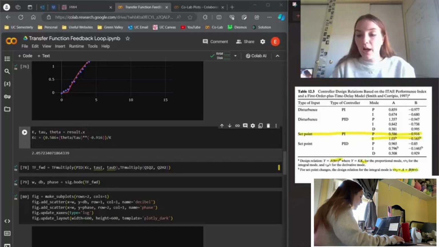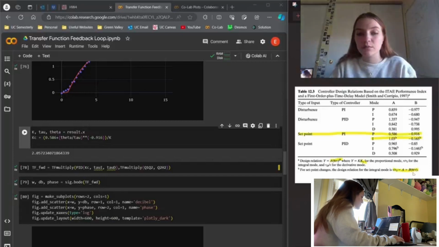And then we can also find tau I from this equation that our book gives us down here, which is tau divided by our tau I is equal to a plus b times theta over tau.